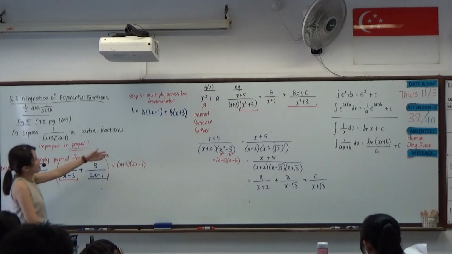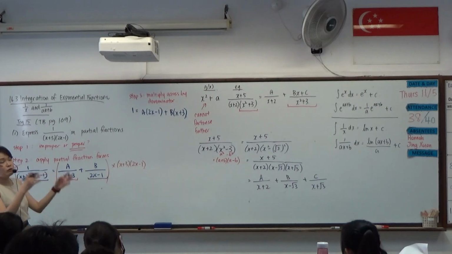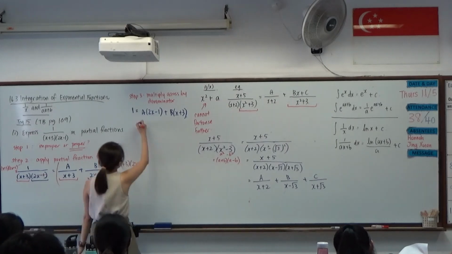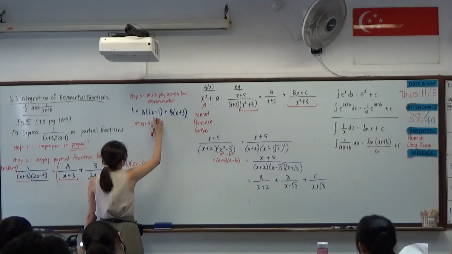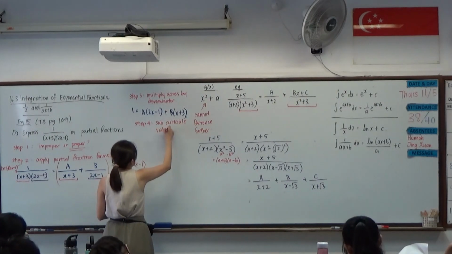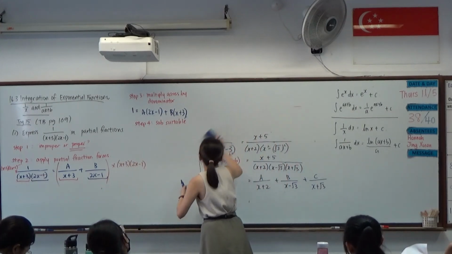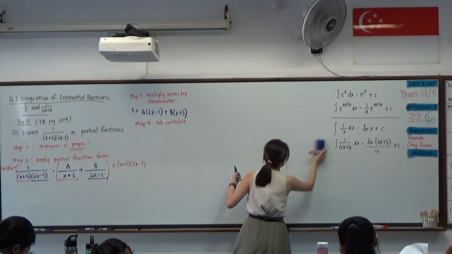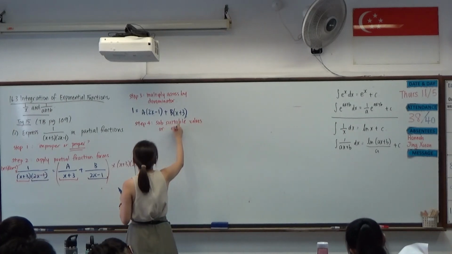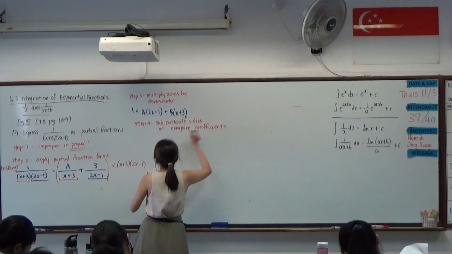So multiply across by the denominator. Then after that, we look for A and B. Hopefully you remember the method to find A and B. You can substitute suitable values, which will be easiest for this question, or compare coefficients.